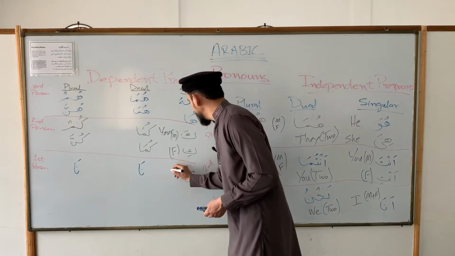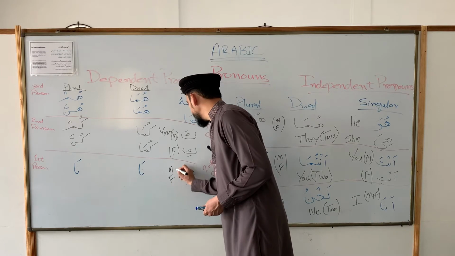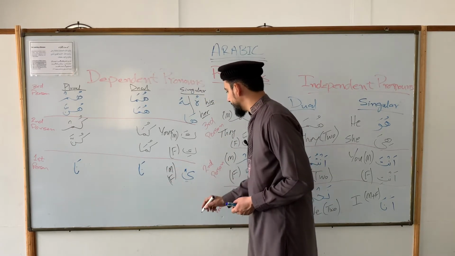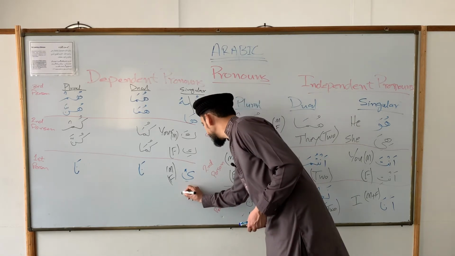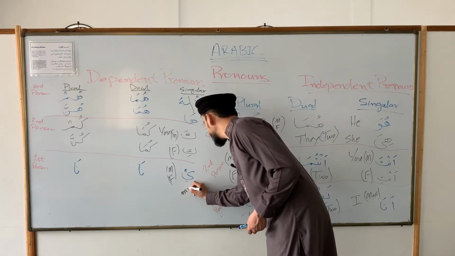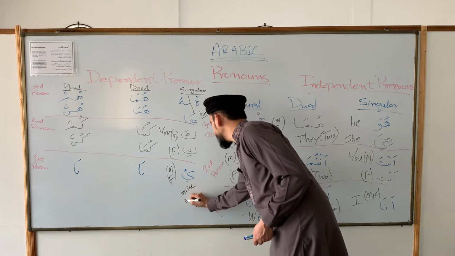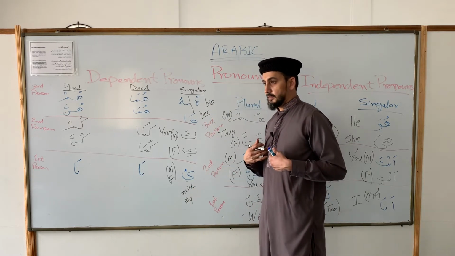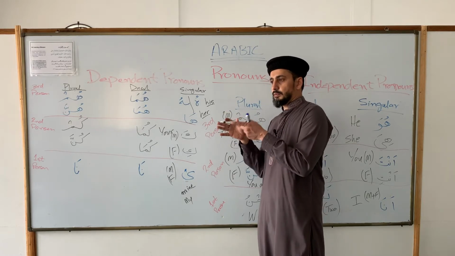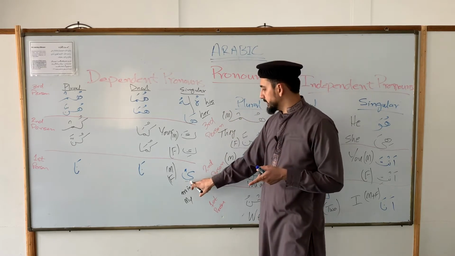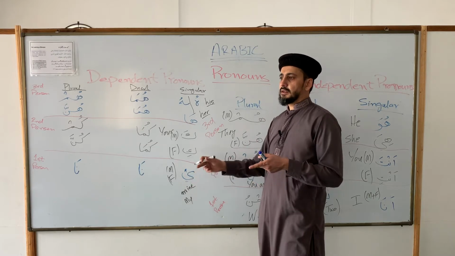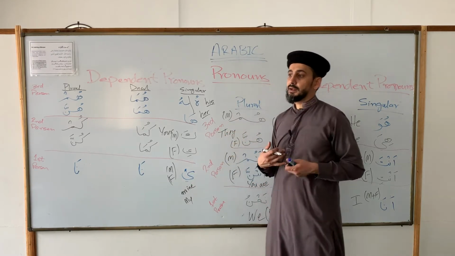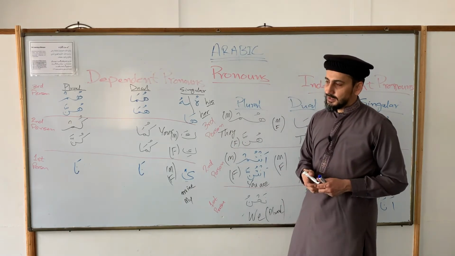It's used for male and female. Same, right? And it means mine or my. For example, my book, I would say kitabi, right? So kitab means book, and we would put ya with sukoon at the end and join it with kitab, so it would mean kitabi, my book, right?